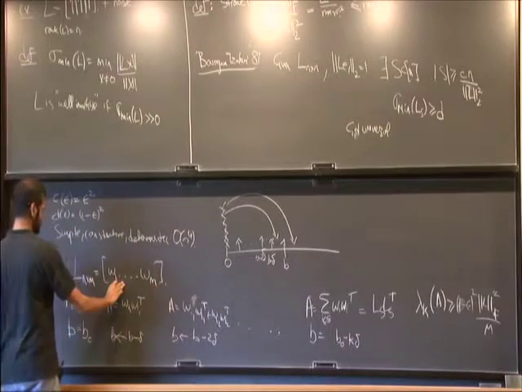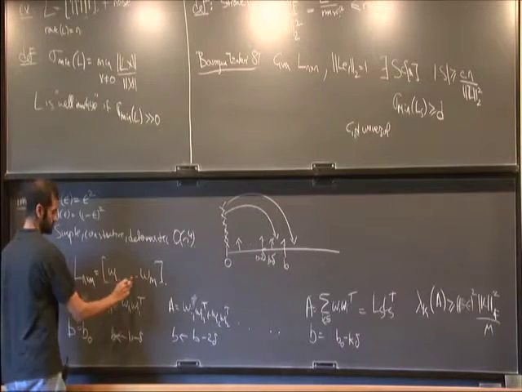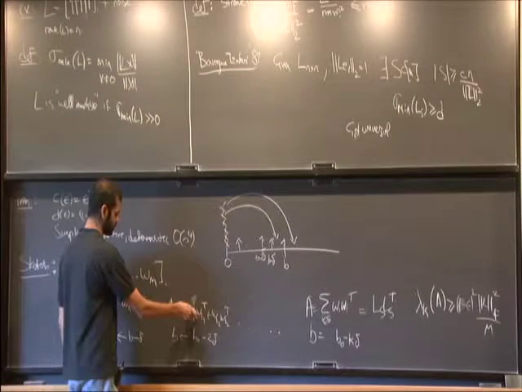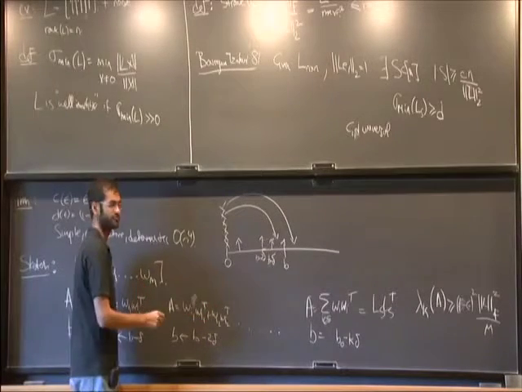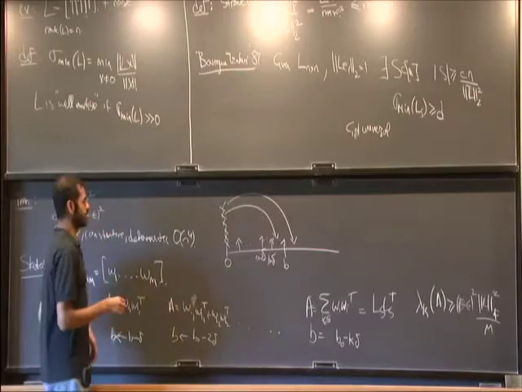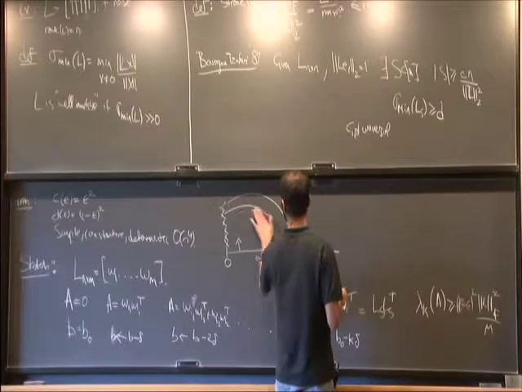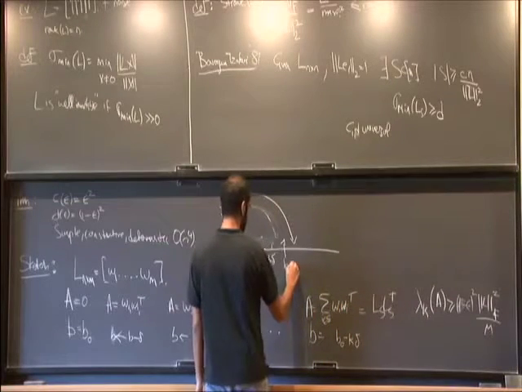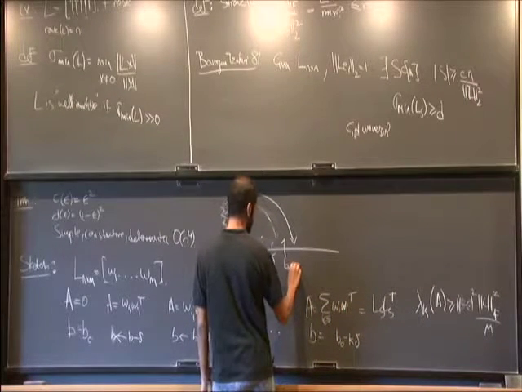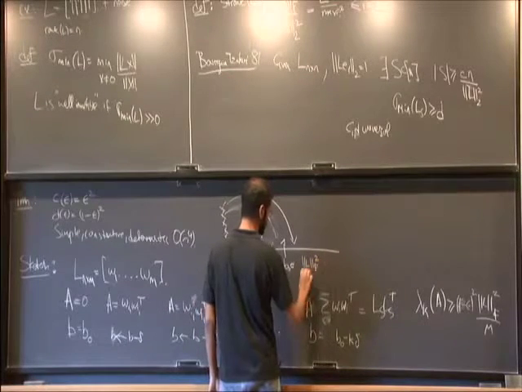So L is my original matrix. I'm choosing vectors that are columns of L. At the end, I have A, which is the sum of some outer products of these things. So it's going to be LS transpose. Okay, and the way roughly I'm going to get this number is that initially, B naught is going to be roughly equal to the Frobenius norm of L squared divided by m.